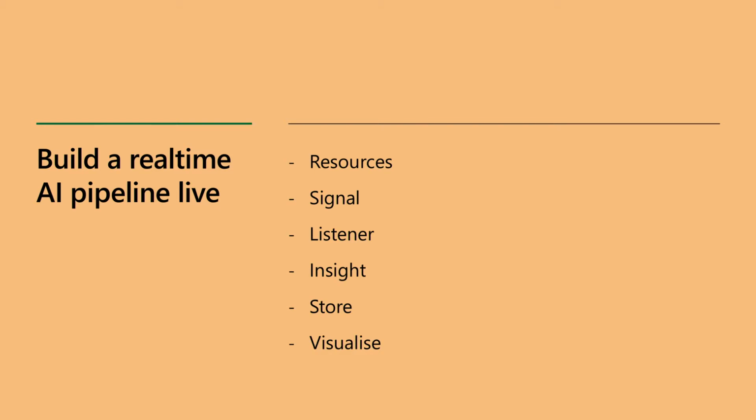The aim of this pipeline is to ingest the tweets in real time, understand what language they're in, how people are feeling about Build, grab the images, and work out what is in the images. Whether it's a screenshot or a selfie or a picture of the conference floor or a picture of your shoes, I want to know.